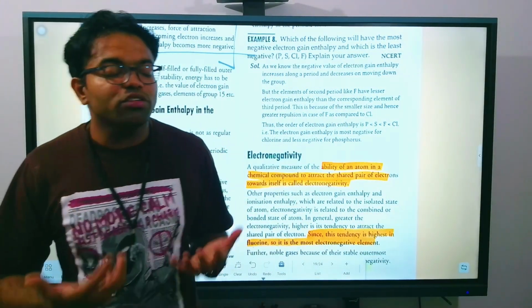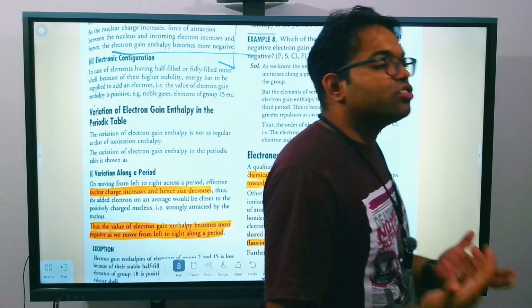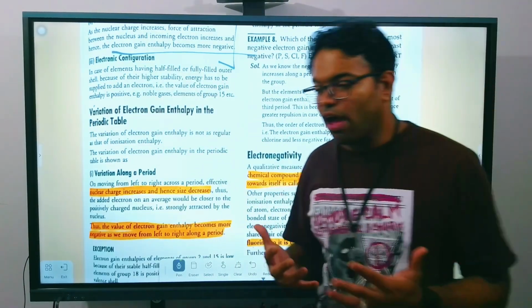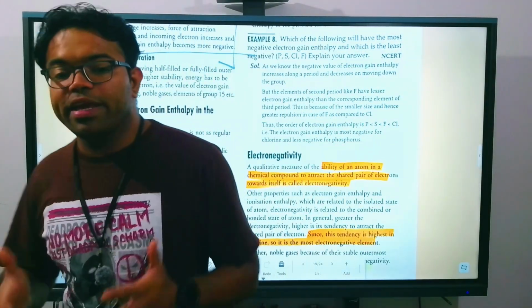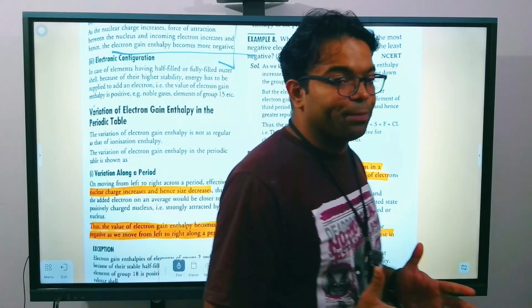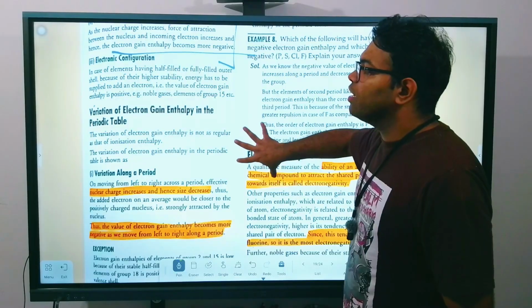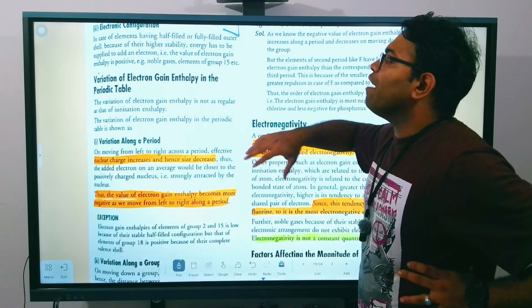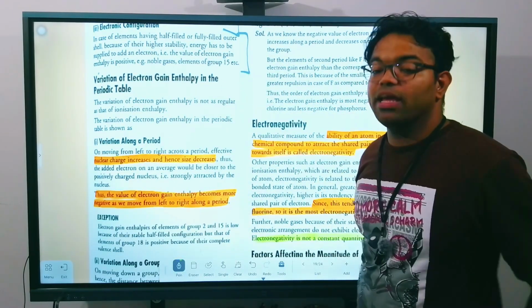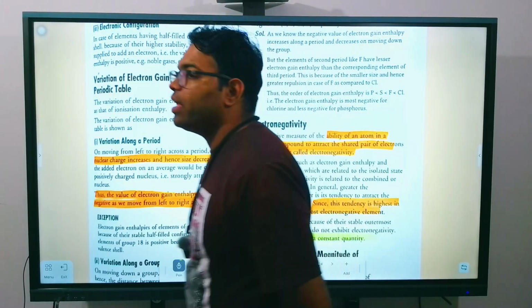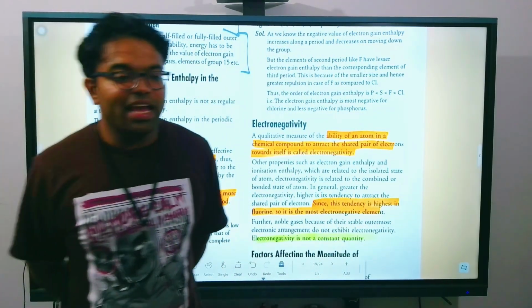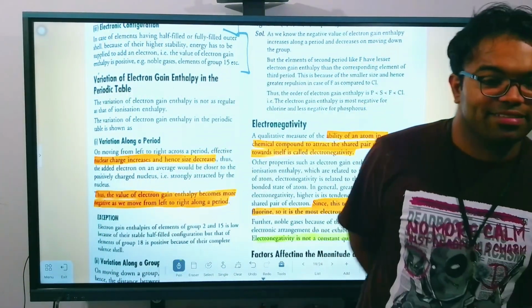The more stable electronic configuration you have, the higher will be its electron gain enthalpy. Understood? That is why noble gases have a higher electron gain enthalpy. The highest electron gain enthalpy in the entire series is acquired by the noble gases.